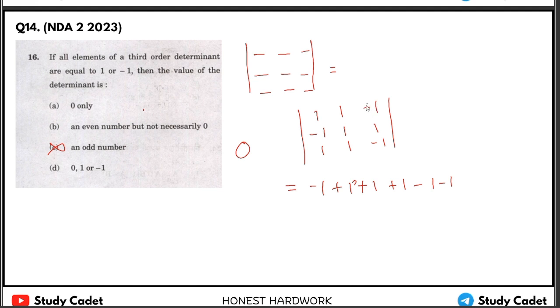Suppose it is plus 1, then minus 1 1, 1 1, this will be minus 1, and plus 1. So what will be our answer? Minus 1 minus 5, that is minus 4. Minus 4 is not 0, so the answer is: an even number but not necessarily 0.